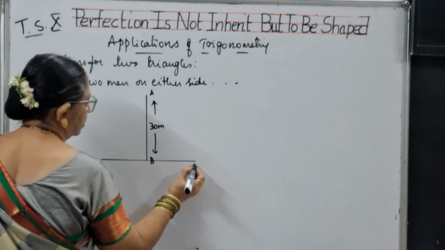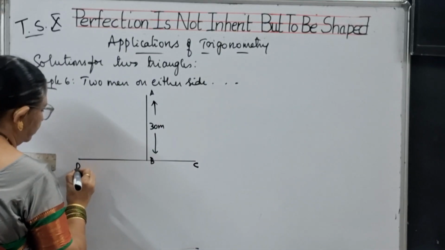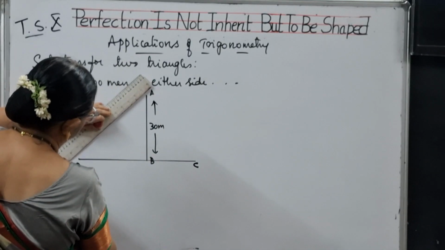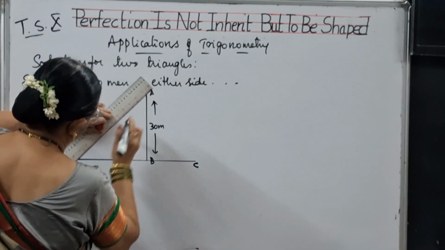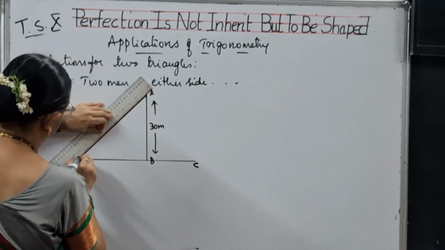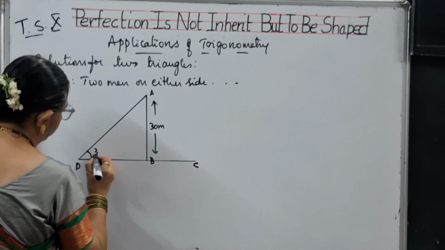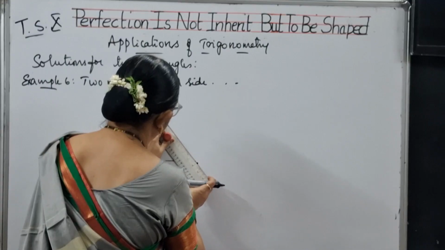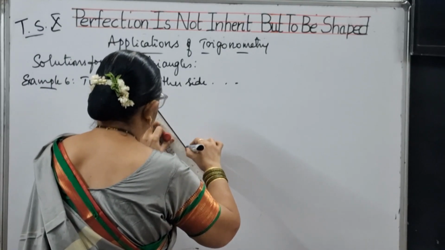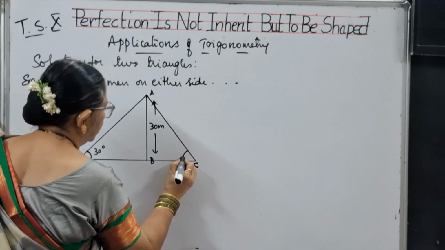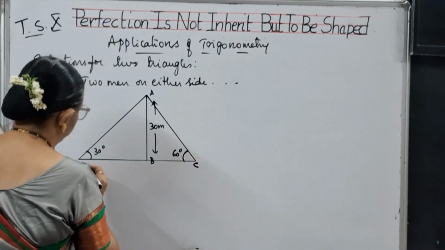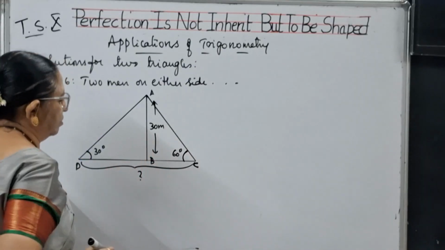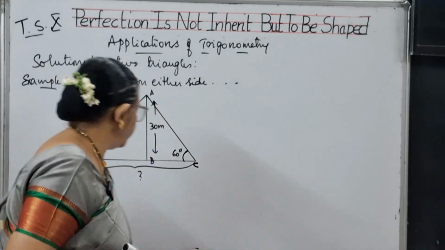Let me take a person C here, a person D. They are standing in such a way that one is making an angle of elevation of 30 degrees, and the second person is making an angle of elevation of 60 degrees. Now the question is, between these two people, what is the distance? They are asking. This is the problem, children.